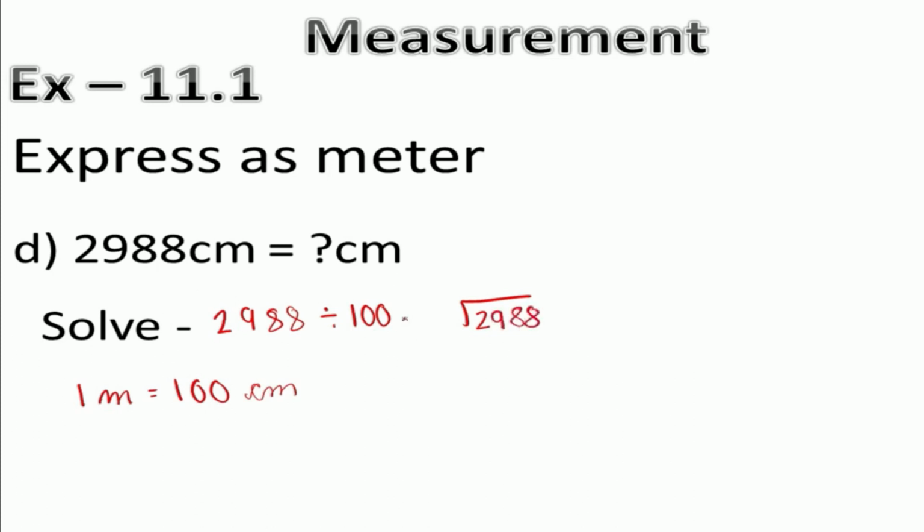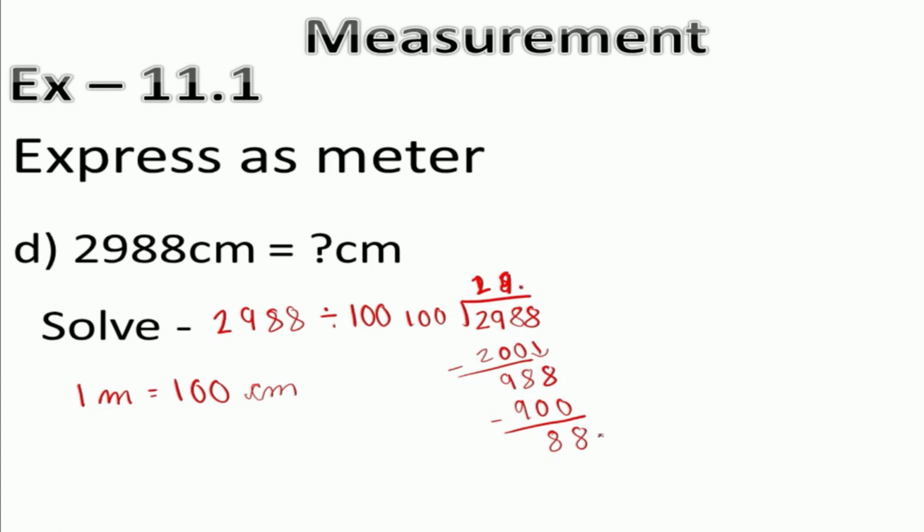2988 by 100. 100 into 2 equals 200. We subtract, we get 98 as remainder. We bring that 8 down. We do it with 9. We get 900. We subtract, 88 remains. We add a decimal.